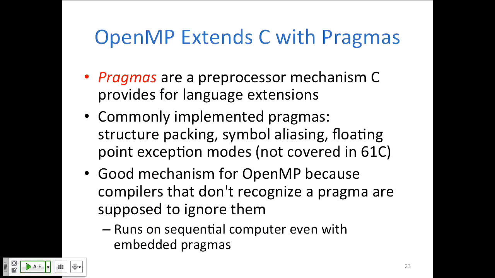We don't cover those in CS61C, but the same general mechanism, which is used for other things, is also being used for OpenMP. And the nice thing about this is if a compiler doesn't recognize a pragma, it's supposed to ignore it. So if you write C code with OpenMP pragmas in there, and your system doesn't support OpenMP, it will just ignore the pragmas, and the model is then it just becomes sequential C code, right? So the nice thing is it's portable across systems that have and don't have OpenMP.